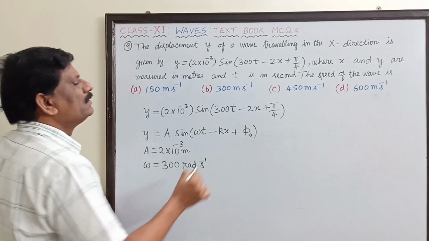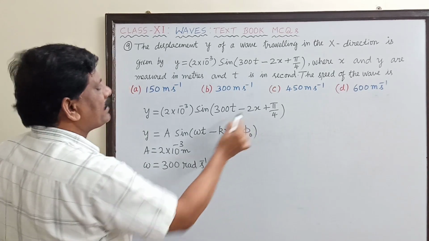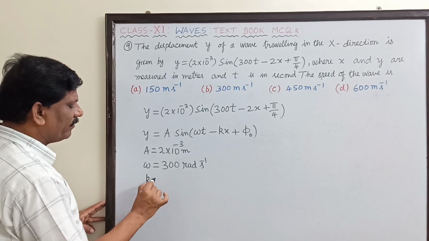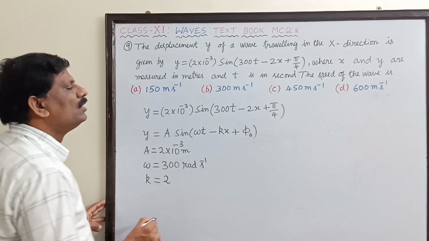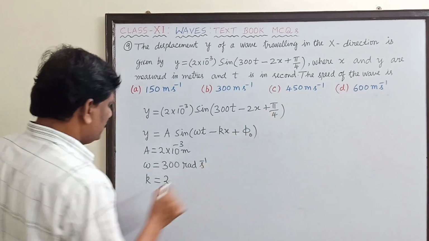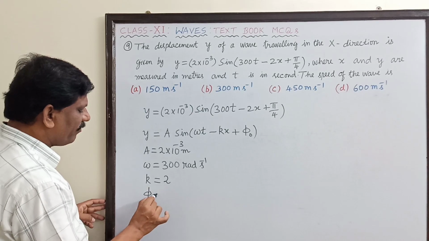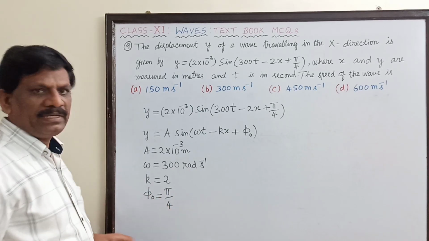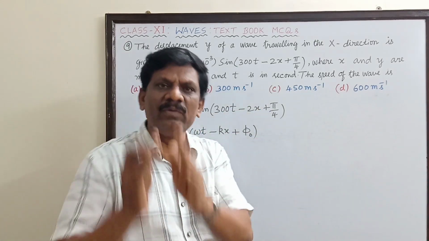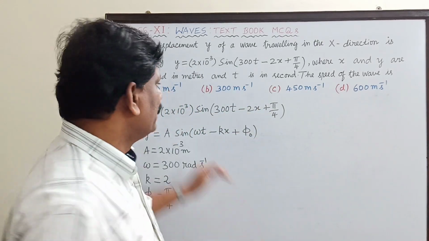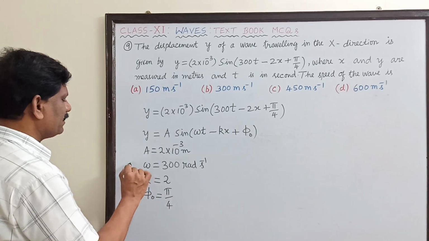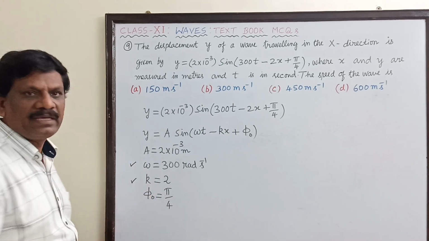Then k, the standard form: k is equal to 2. And initial phase or epoch phi naught is equal to pi by 4. So in such problems, first you have to group the given quantities like this. Now what are required for us are omega and k.